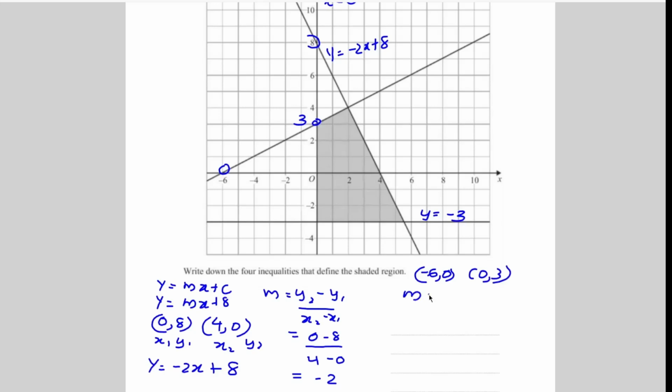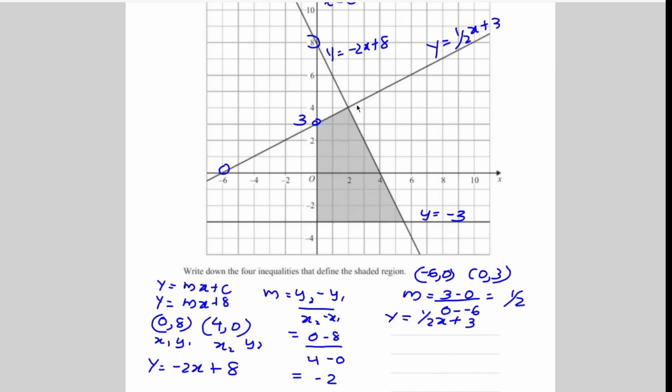M equals y2 minus y1, which is 3 minus 0, over 0 minus minus 6. The gradient comes as half. Then the equation of that line is y equals half x plus 3. So this is y equals half x plus 3.